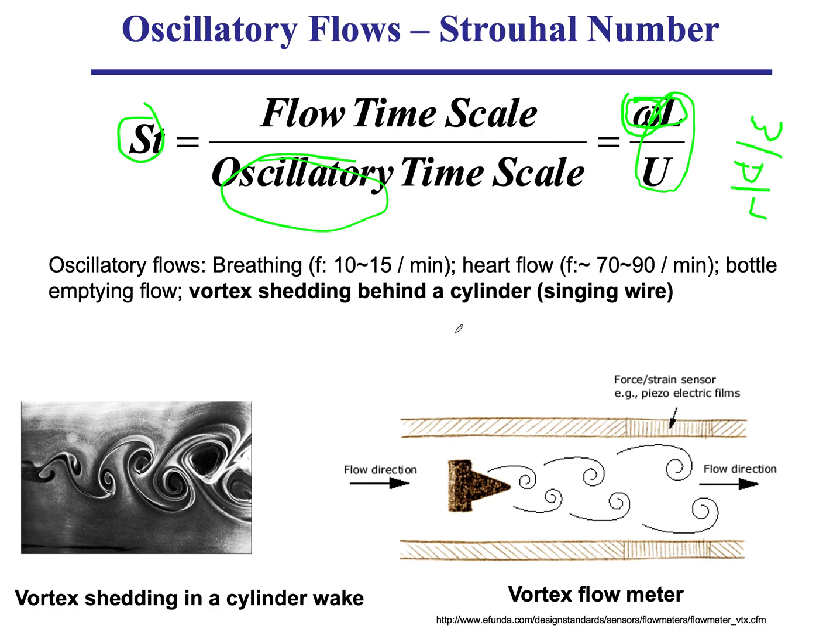Now, this oscillatory behavior of fluids has been designed by some companies into a flow meter. If you have a pipe of diameter d, you can buy this piece and stick it to the pipe.